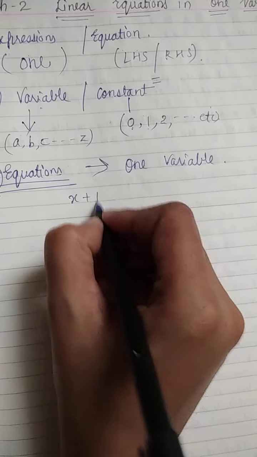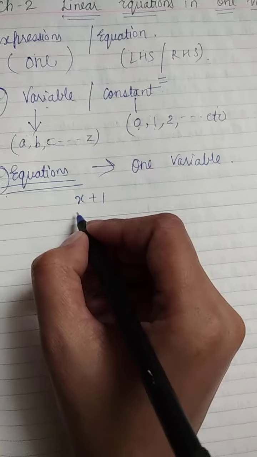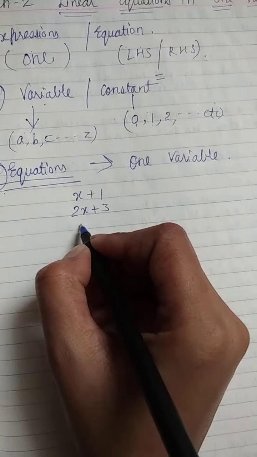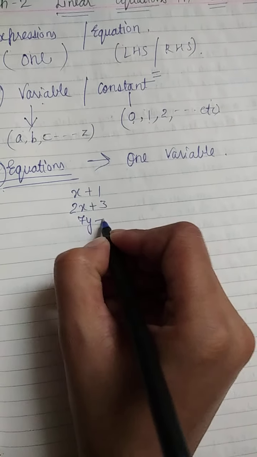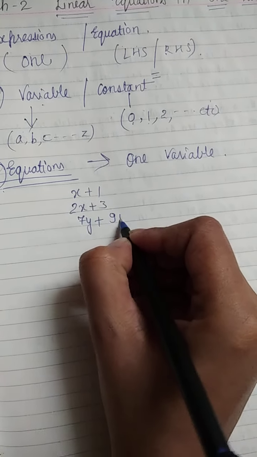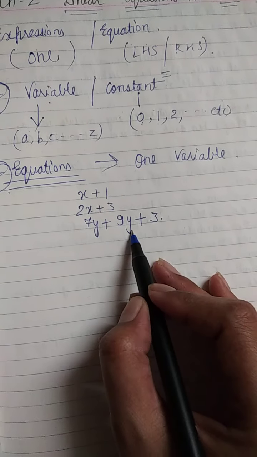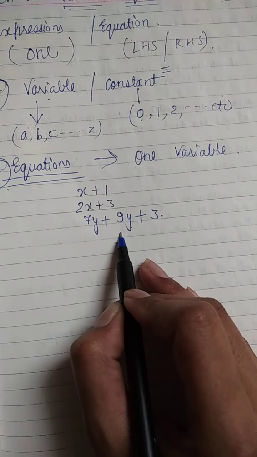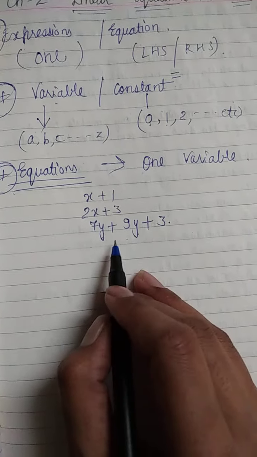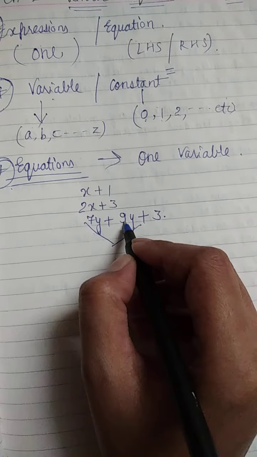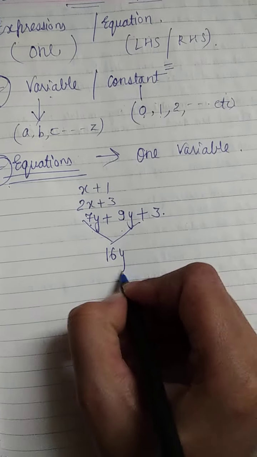Like x plus 1, like 2x plus 3, like 7y plus 9y plus 3. Now you can see, ma'am, here y and y, so both are different? No, both are the same. That's why it is called one variable. They will go together. 9 plus 7, it will come as 16y.